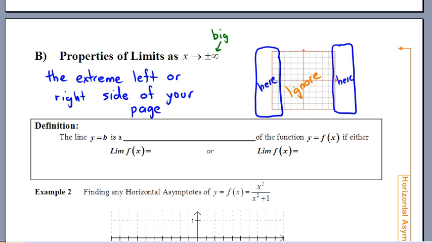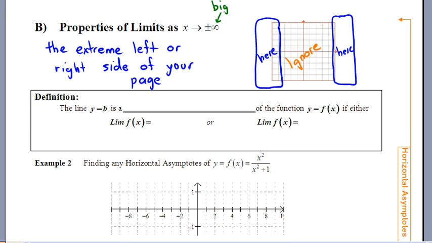We're just looking at the very edges of our graph paper. And you've seen some graphs in grade 11 or math 12 where you've actually got these horizontal asymptotes. So they're flat lines that the graph tends to head towards as you get out to the edge of your page. So I'm going to put in here, okay, my definition, the line y equals b. So this is a horizontal line.